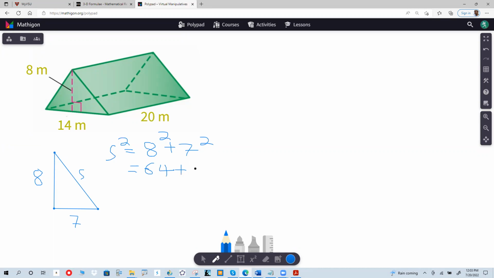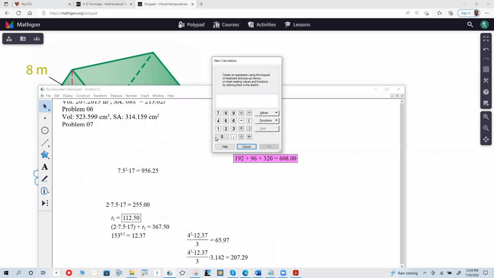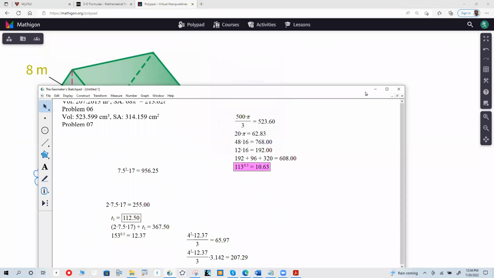64 plus 49. I just have to do it carefully. 64 plus 49 is 113. Therefore S is the square root of 113, which is 10.6.